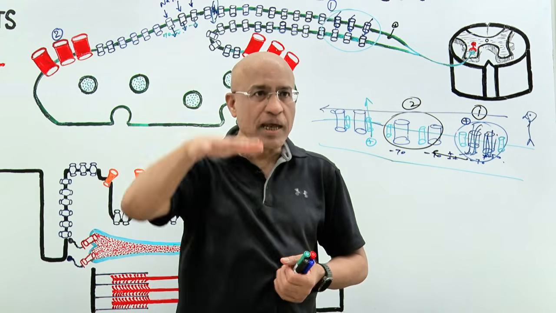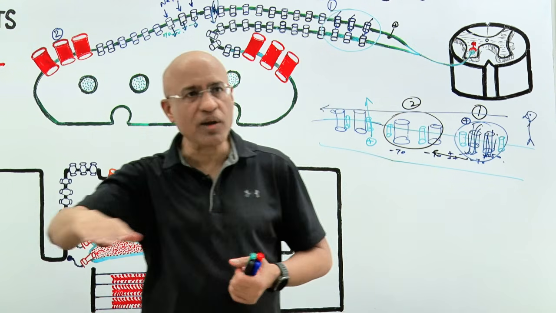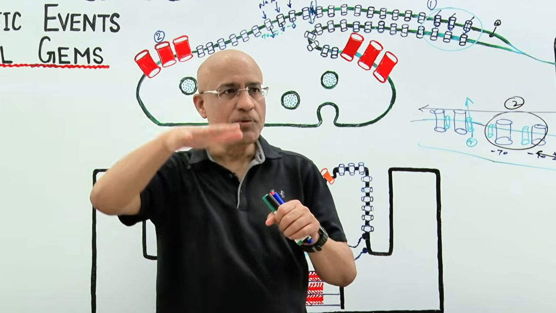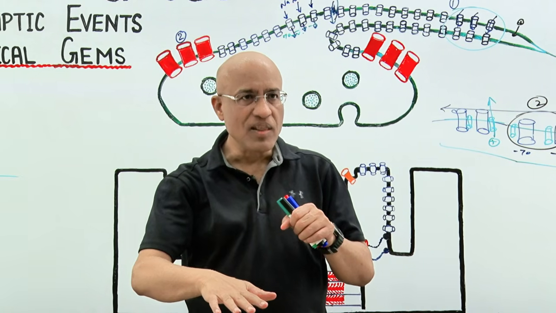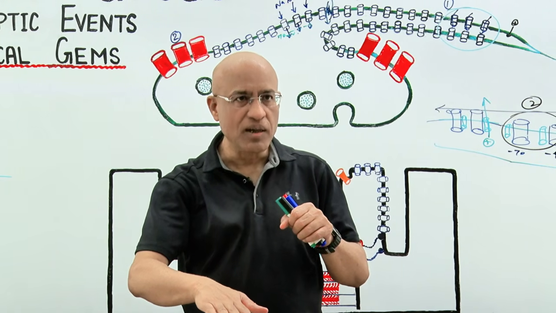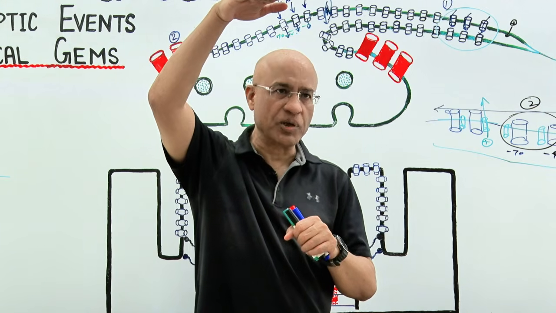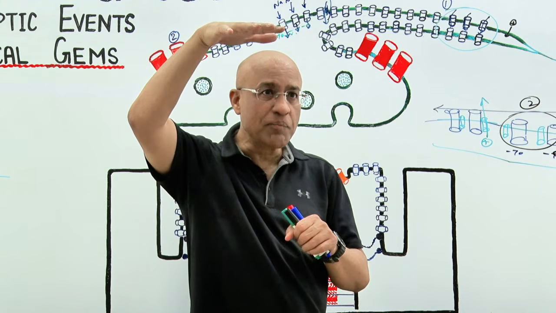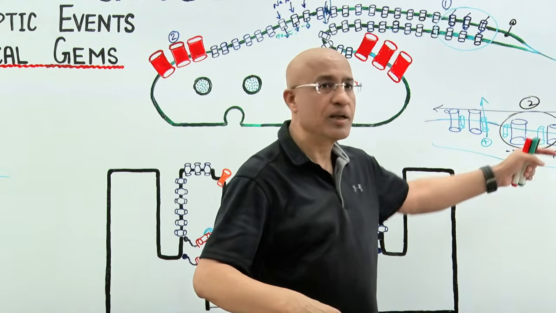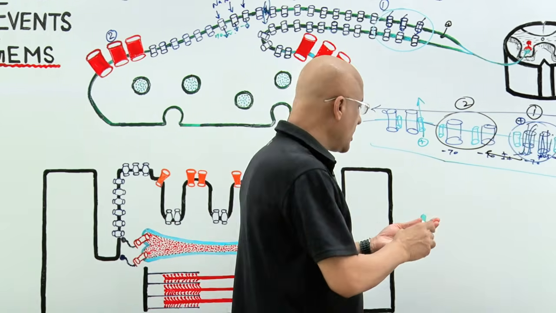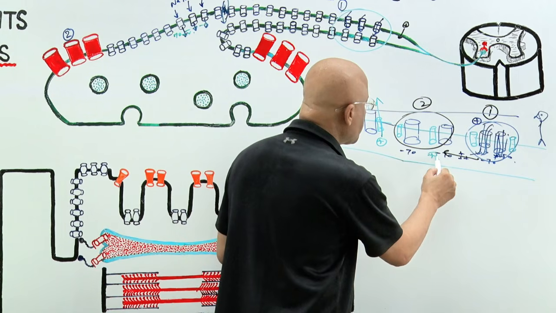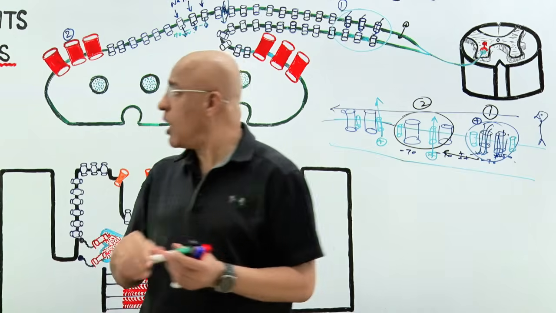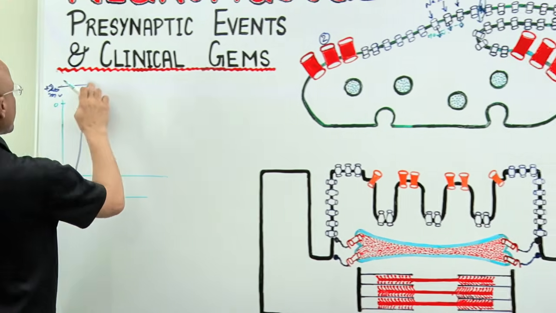Potassium is also positively charged. So sodium came in and the wave of depolarization started, right? There was gain of positive cations and the resting membrane potential went towards zero potential, loss of polarity, depolarization. But the moment the patch is depolarized, potassium channels open and potassium will move out. And when more and more potassium moves out, what will happen?